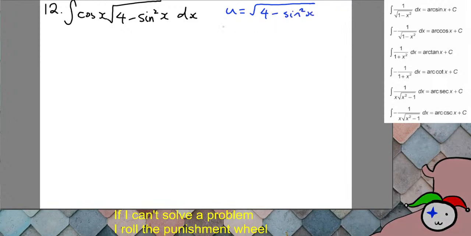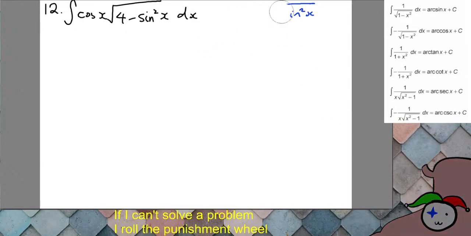What do we get? So u squared equals 4 minus sine squared x. Then 2u du equals minus 2, because sine doesn't differentiate well. Okay, yeah, I knew that. Totally.